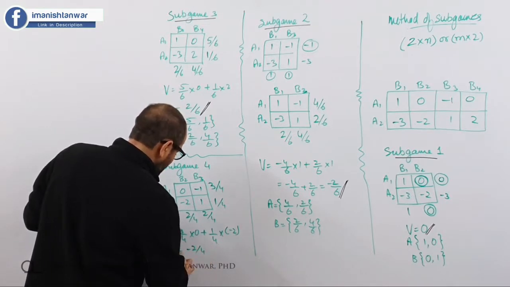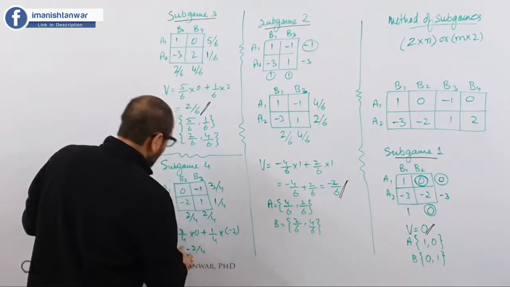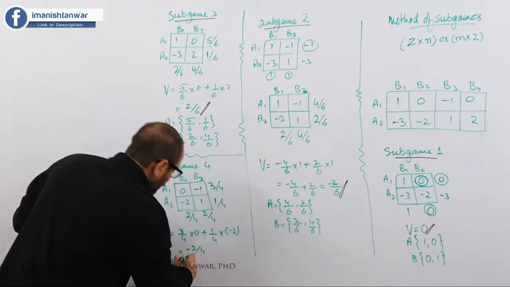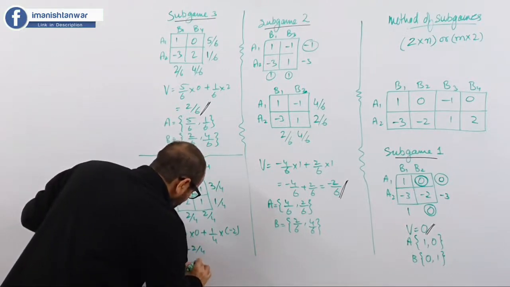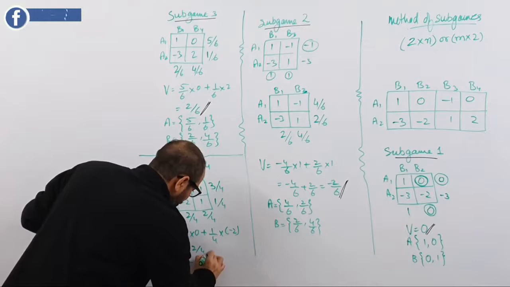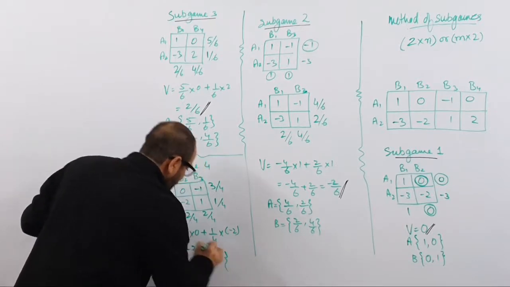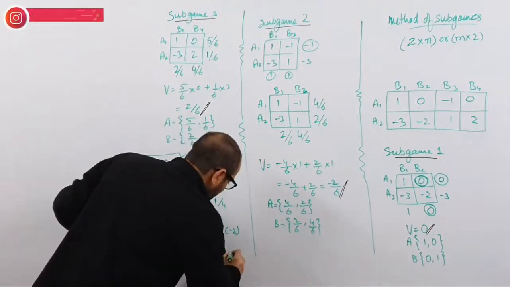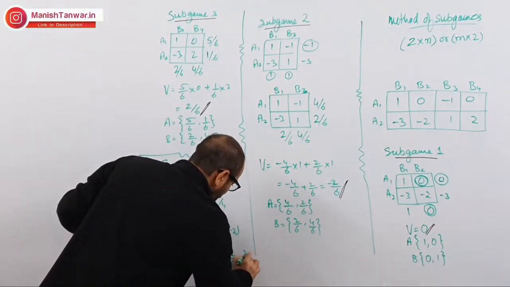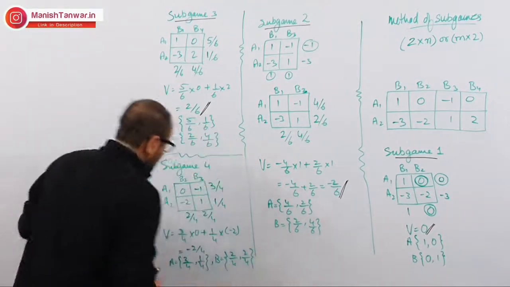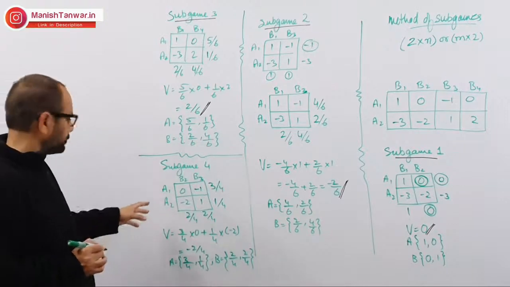With strategies being, for A, 3 by 4 and 1 by 4, and for B, 2 by 4 and 2 by 4. So these are strategies for B.